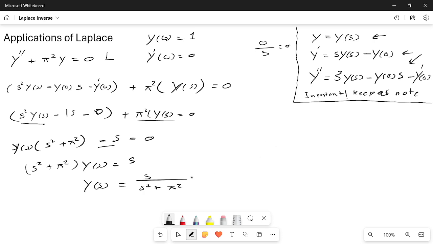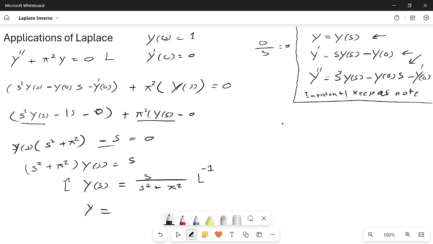Now to find the solution for this question, we take the Laplace inverse of both sides. So the Laplace inverse of y of s is equal to y, and the Laplace inverse for this fraction is a direct transformation of Laplace.